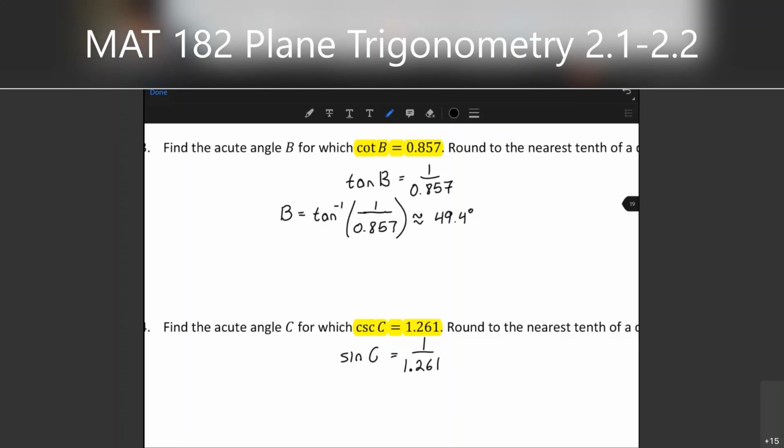And so we can do angle C is equal to the sine inverse of our argument, 1 over 1.261. And it looks like you guys were getting 52.5 degrees. And I would agree with that. The 52.5 would be our final result there.